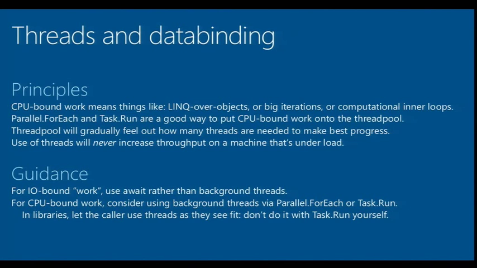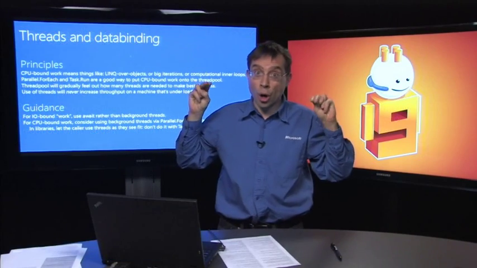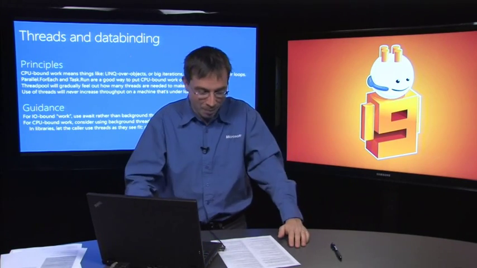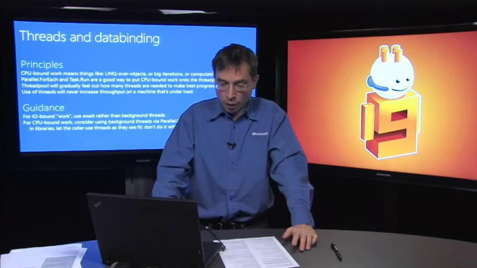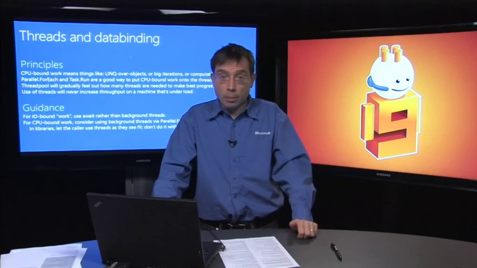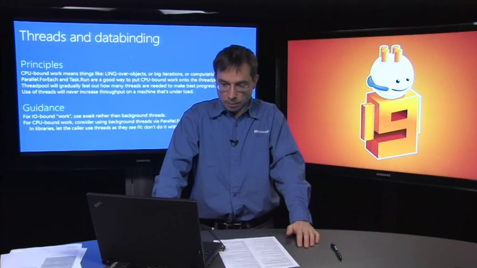However, using the thread pool, using background threads, will never increase the throughput or scalability of a machine that's already under load. So the guidance is, for I/O-bound work, and I put it in quotes, it's not really work, it's just twiddling your thumbs waiting for a response to come in off the network. For I/O-bound stuff, use await rather than background threads. But for CPU-bound work, that's when you consider using Parallel.For or Task.Run.